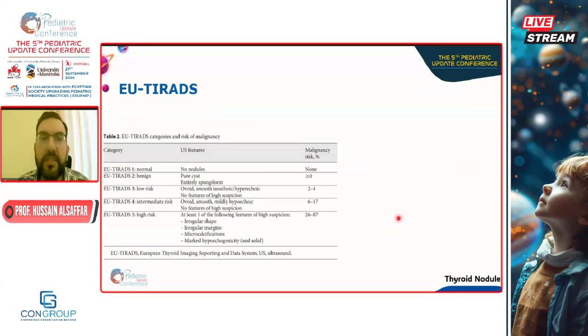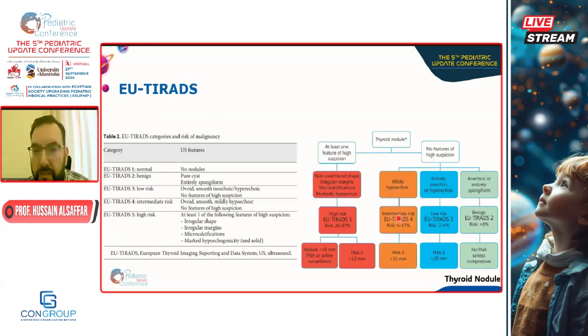Then the Europeans came up with their EU-TIRADS. They modified some of the scores, and they looked into the malignancy risk, as you can see in this table. And then it was published that if you have a thyroid nodule and there are no features of high suspicion, like anechoic or entirely spongiform, that's benign EU-TIRADS, and the risk is 0%. There's no need for fine needle aspiration unless it's compressive.